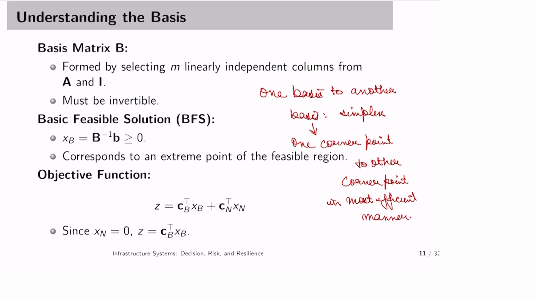And our objective function z would always be the sum of the coefficients of basic variables multiplied by the basic variables, plus the coefficients of non-basic variables multiplied by the non-basic variables, and this term would always be equal to 0 because by definition non-basic variables are 0 themselves. So the objective function would only be influenced by the choice of the basic variables and the values they would take.